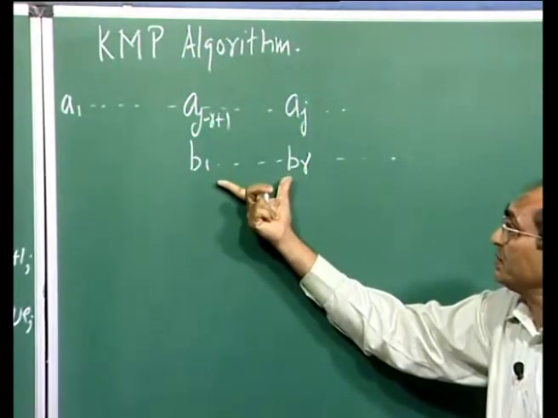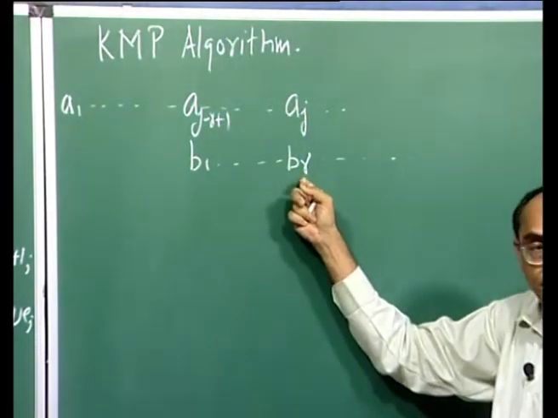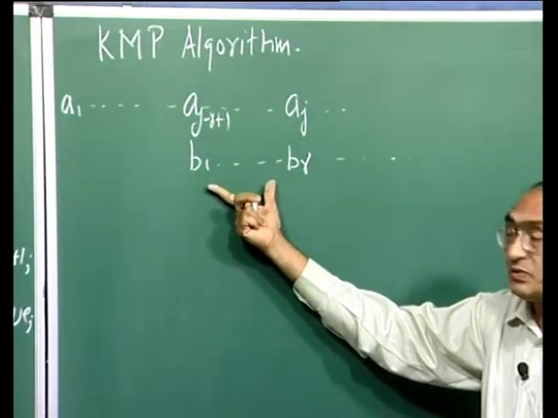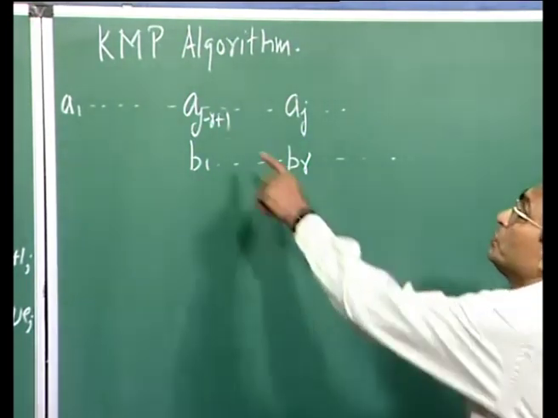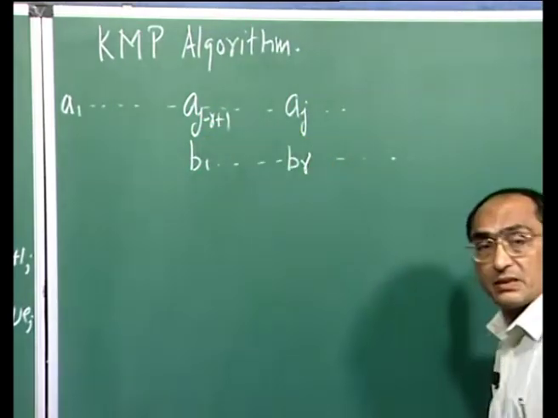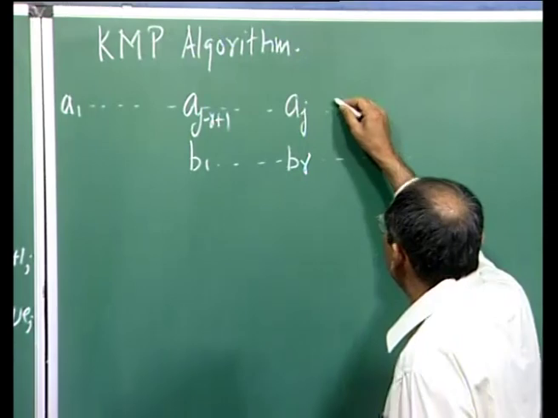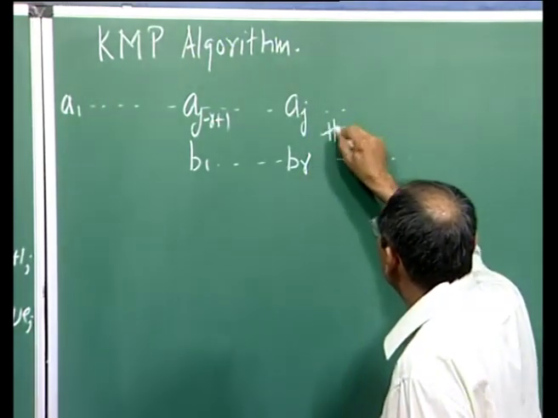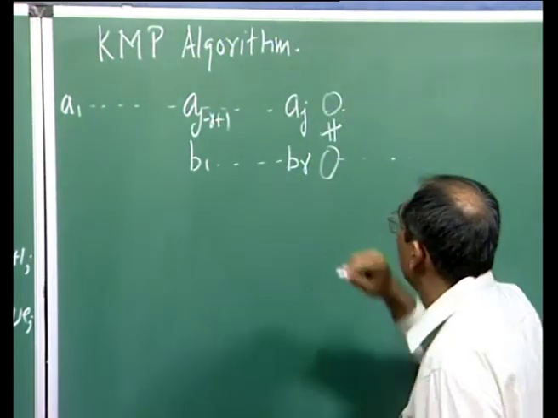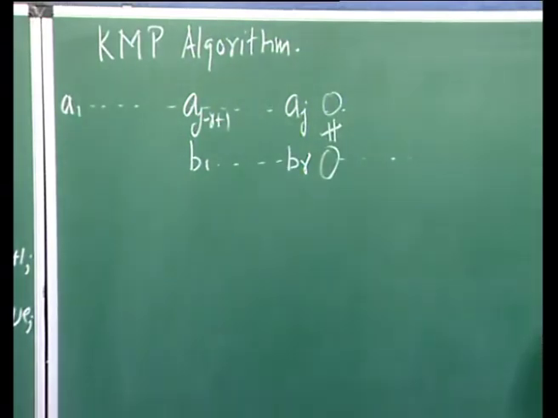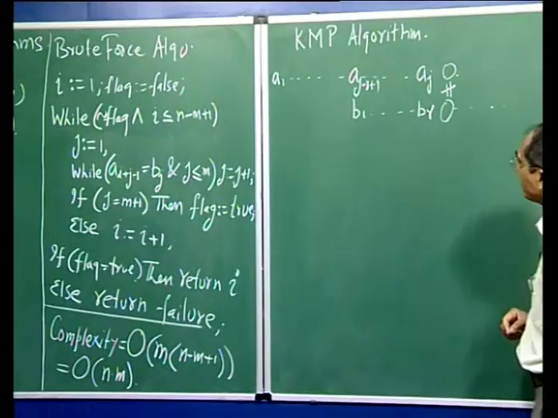So, the first R symbols of the pattern string, R less than M, do match with these successive symbols of the text string. And here we find that there is a mismatch. We find that this is not proceeding any further.